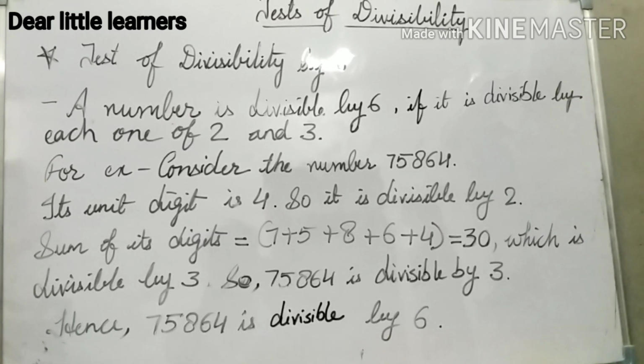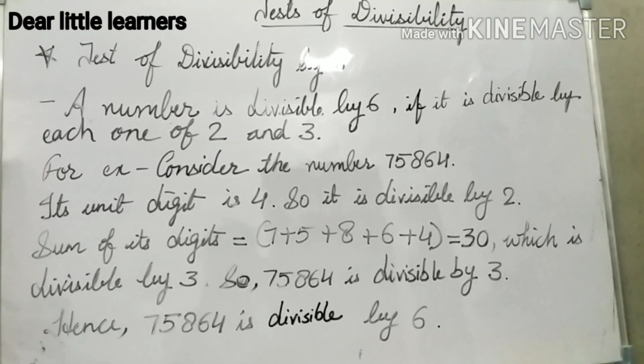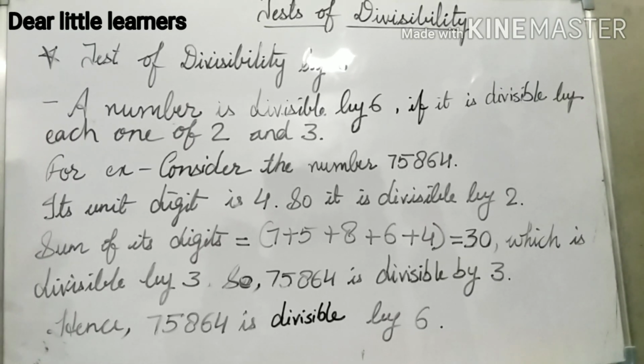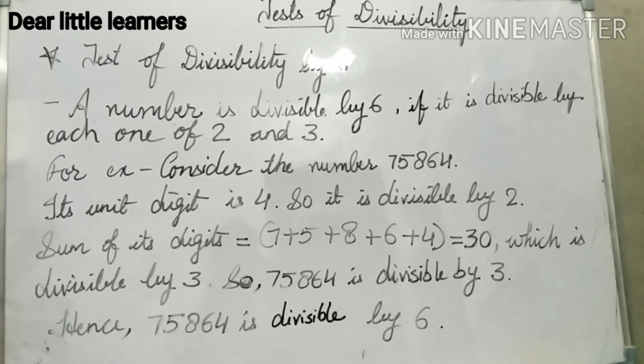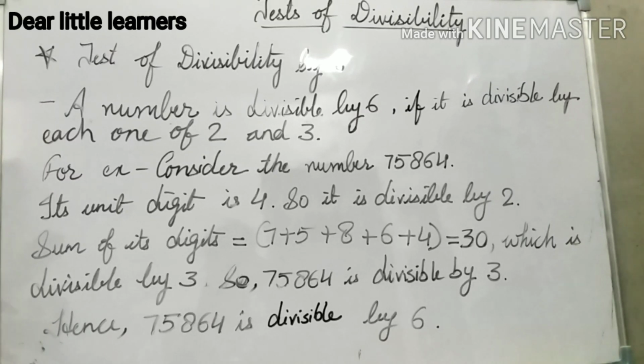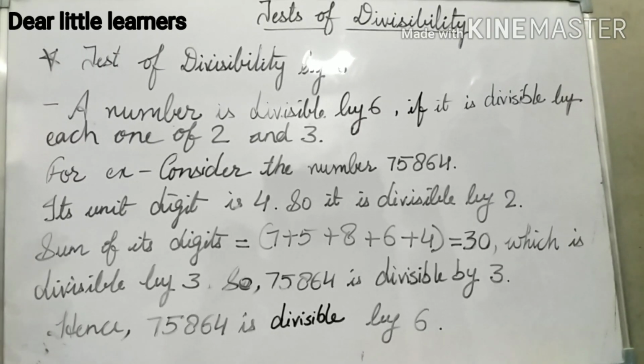And suppose we got any number which is not divisible by 2 but it is divisible by 3, in that case also it is not divisible by 6. That means children, a number is divisible by 6 only when it is divisible by both the numbers 2 as well as 3.